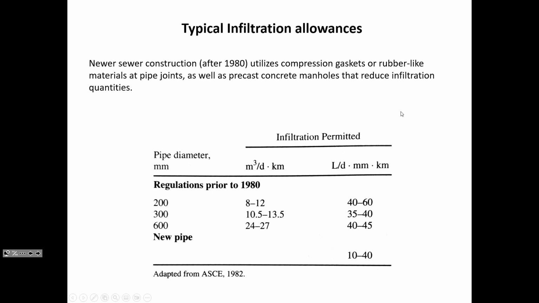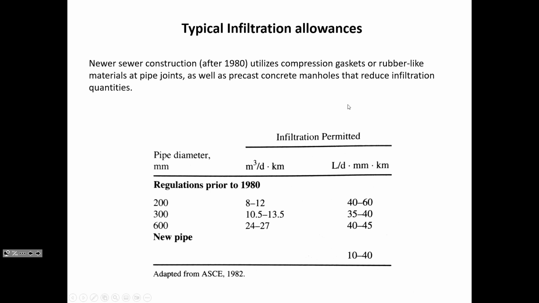So our text illustrates some typical infiltration quantities prior to 1980, and the permitted amount was how much you planned on when you were sizing a pipe network. You don't want the pipe network to only have enough capacity for the wastewater that is going to be generated, but you have to assume that over time it will become cracked and there will be imperfections, and so you do need to allow for some of the capacity of the pipe network to be this groundwater and stormwater that's going to get in there inevitably as the pipe ages.